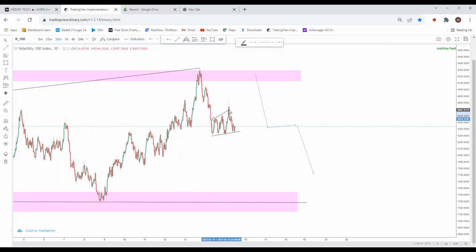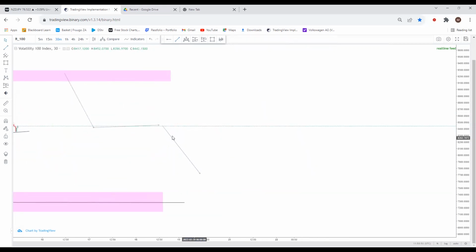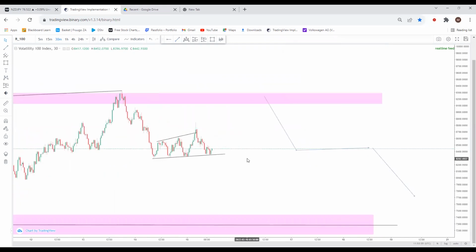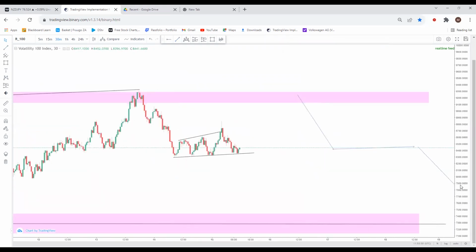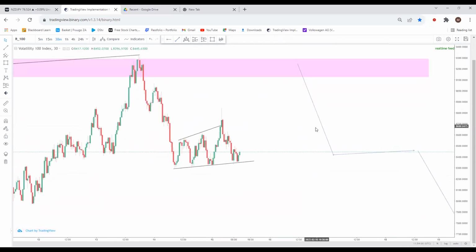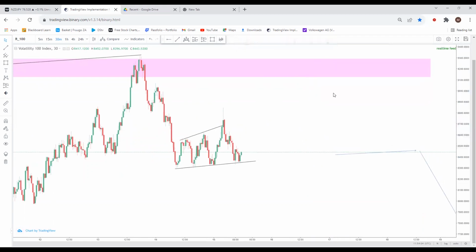If I zoom in, you can see we had a textbook example of a correction or a flag. We had a series of 3 touches.